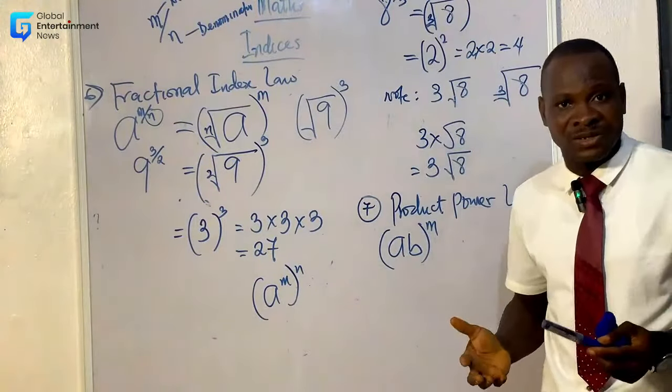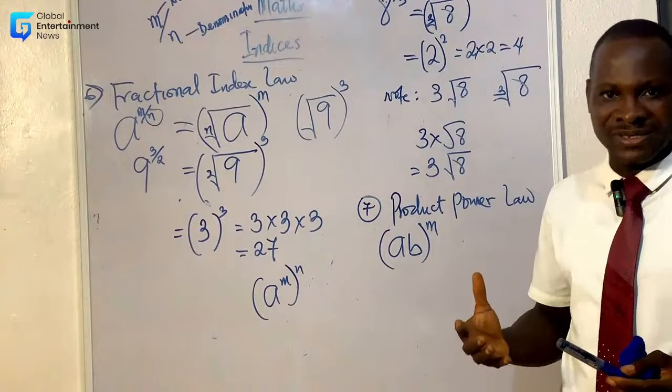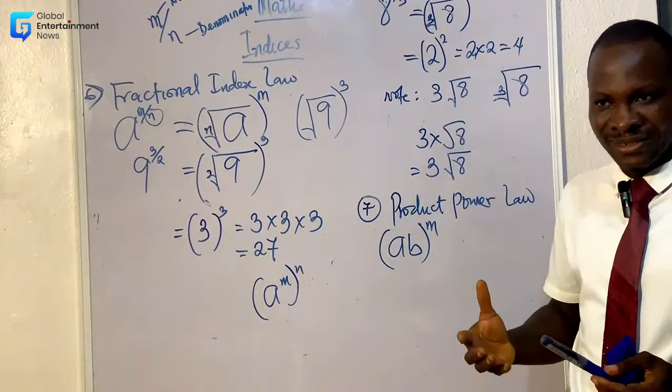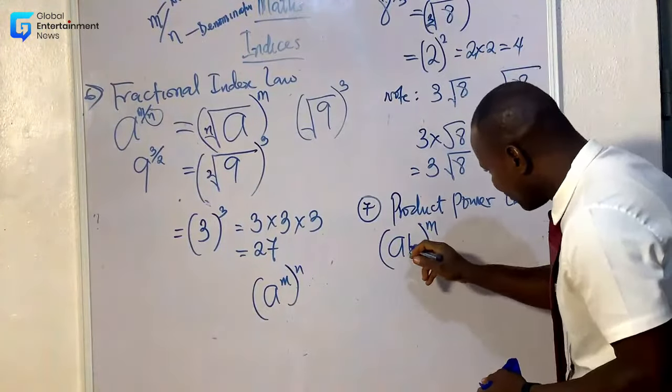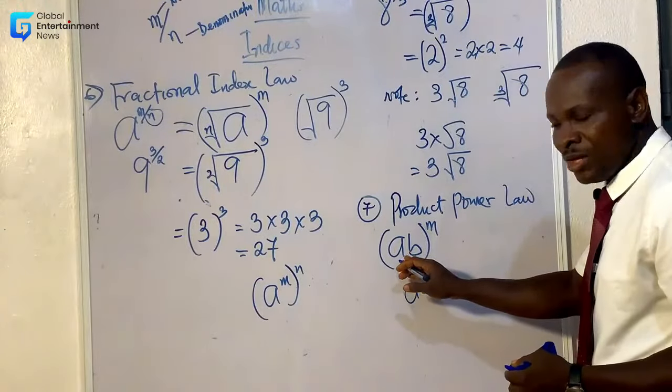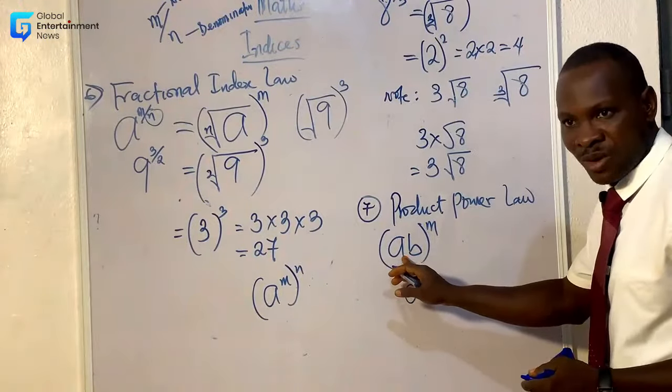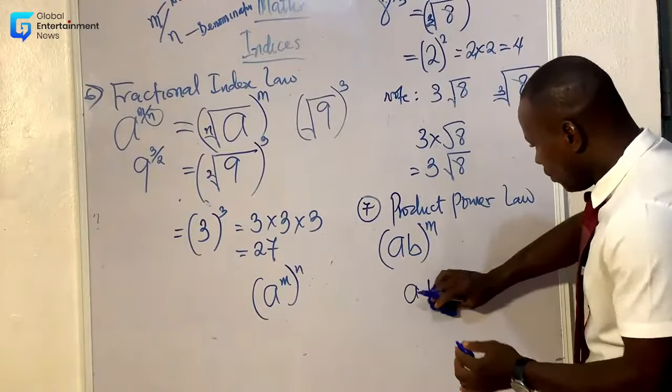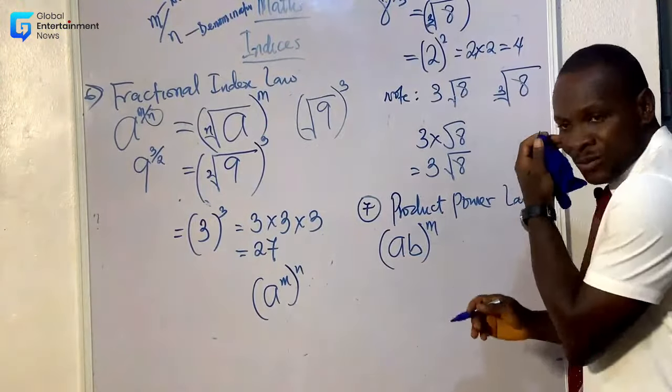And what is the meaning of product? It means times, the multiplication sign. It means I have a times b here. So a times b will surely give me ab, all raised to power m.